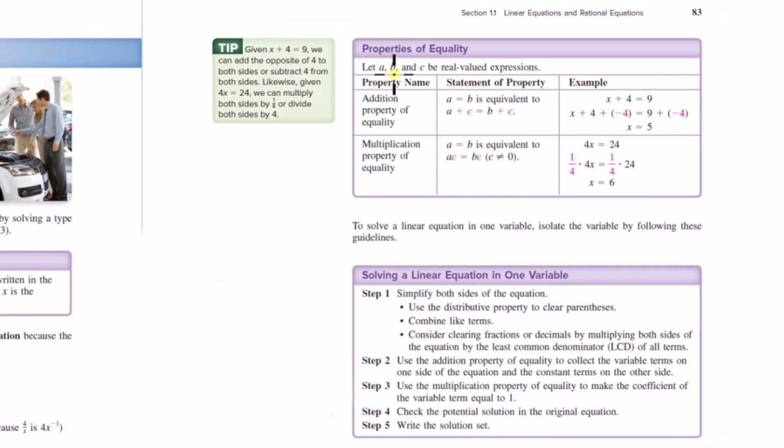So let A, B, and C be real valued expressions. Just to point out, this stuff is going to extend pretty seamlessly to complex valued expressions as well, but we're going to just focus on real valued expressions. Remember what an expression is.